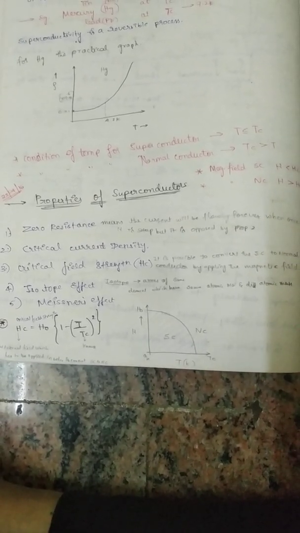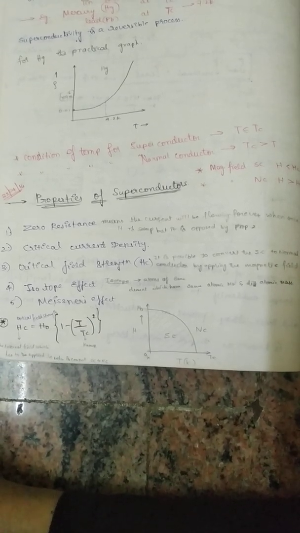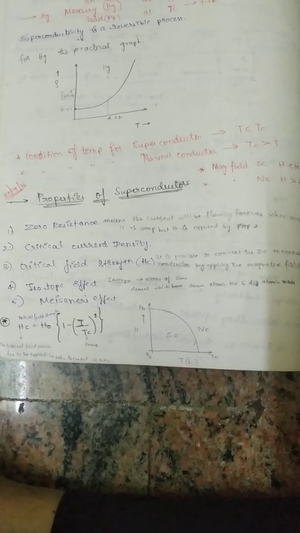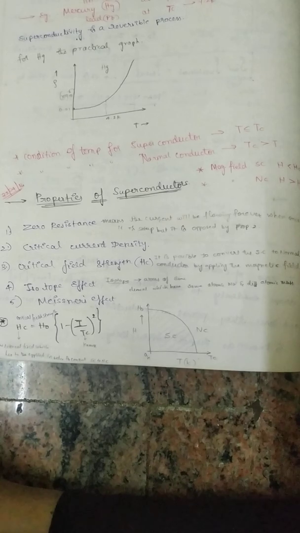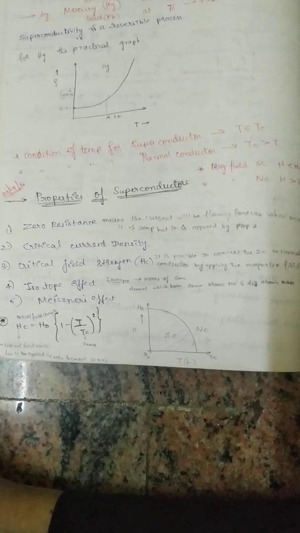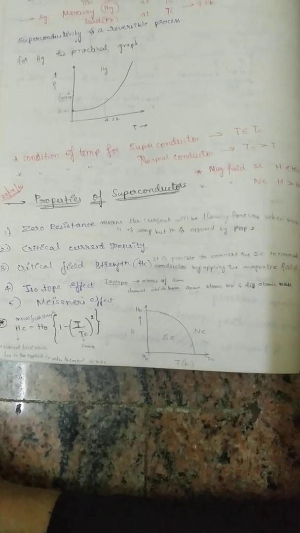Now let us plot a graph of T versus H, that is the temperature versus the critical field strength. If we plot a graph of T and H, at the end we have Tc, as we can all see here. Let me zoom in.